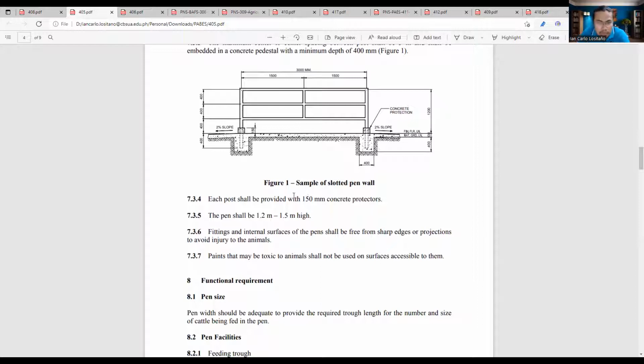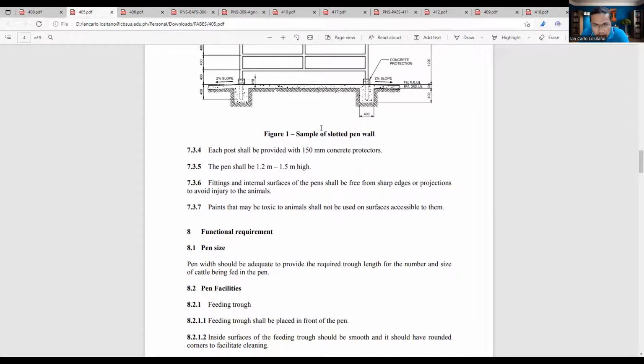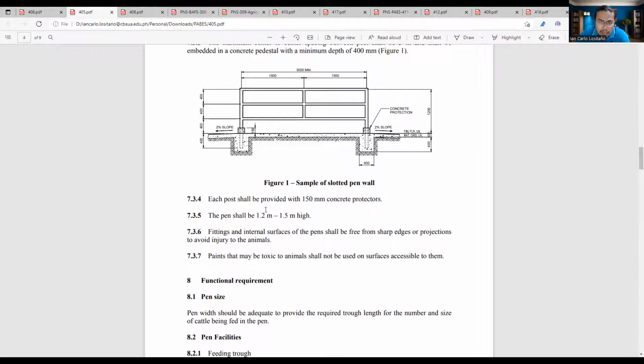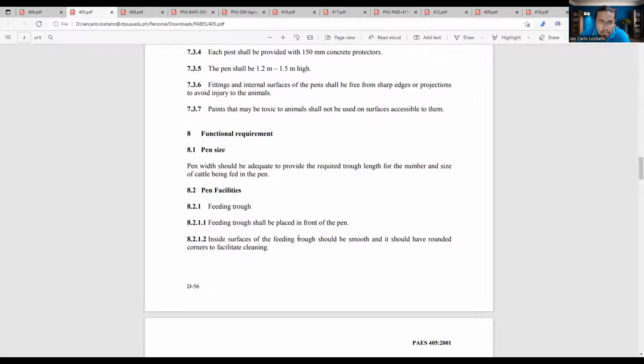But in terms of the other standards, they are very much the same. For example, the post with concrete protectors, the protectors are still 150 millimeters high, and then the pens are still 1.2 to 1.5 meters high.